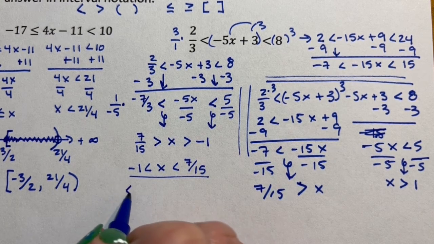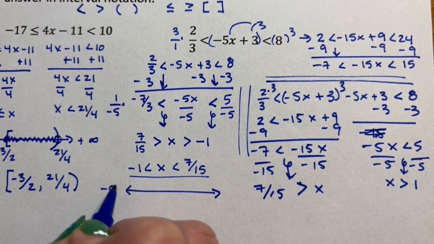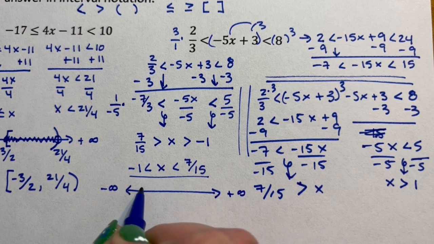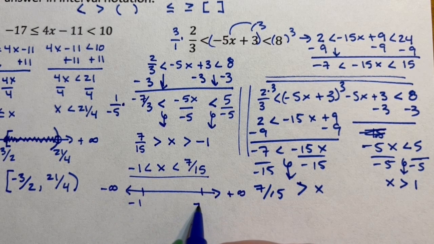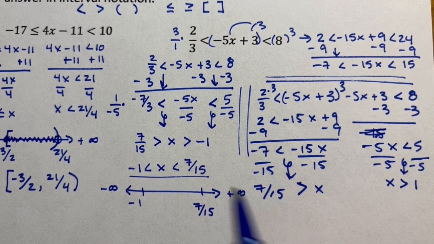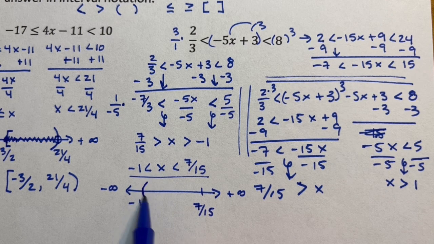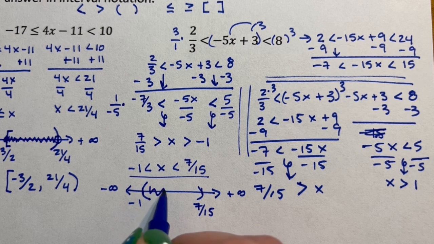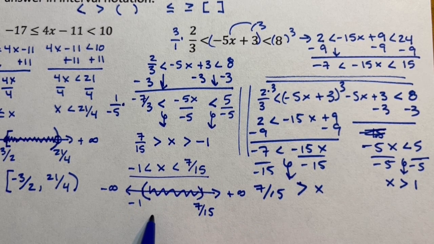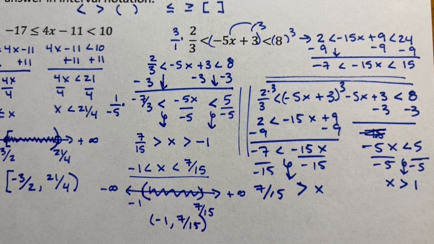So if I graph this, -infinity, +infinity, -1, 7/15. This is a parenthesis, this is a parenthesis, shade in between. I end up with -1 to 7/15 as my final answer.